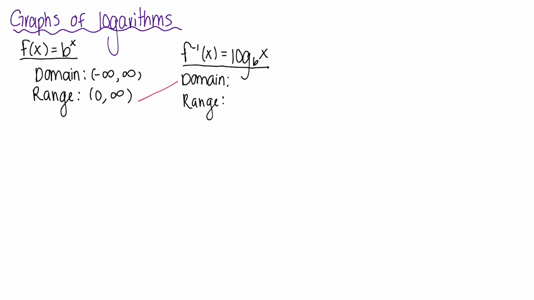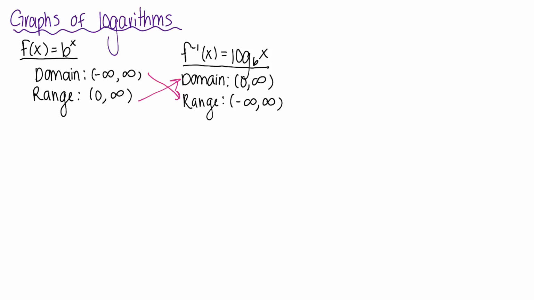So the range of the exponential is the domain of the logarithm, and the domain of the exponential is the range of the logarithm. So the domain here is 0 to infinity, and the range is negative infinity to positive infinity.